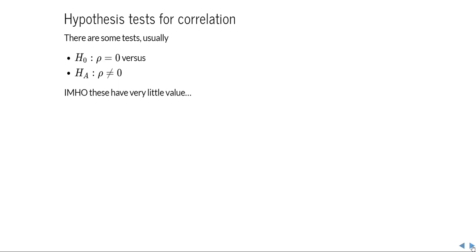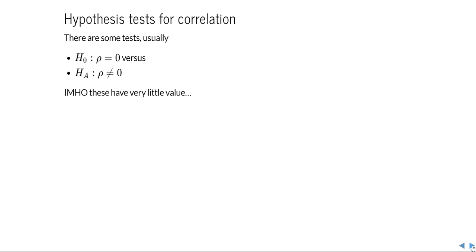It is possible to construct hypothesis tests for correlation. We'll briefly look at one. And the standard test that you might see used is written there in all its Greek jargon. Capital H subscript 0, the null hypothesis.